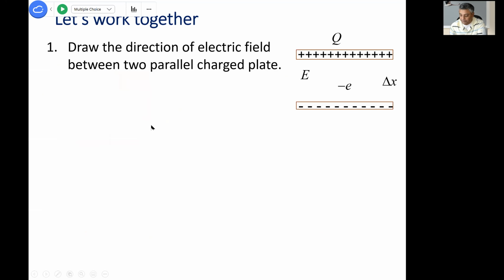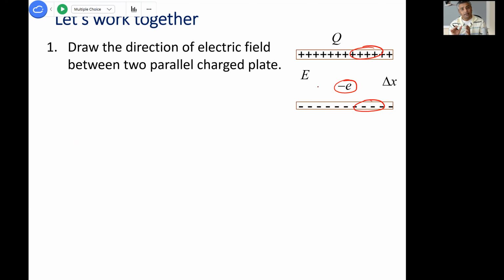Now here is this question. This is a past question on the electric potential, so let's work together here. We have a positively charged plate and a negatively charged plate. And now what we have is a negative charge. We had a positive charge in the last example.